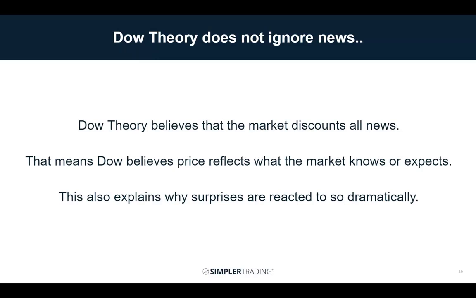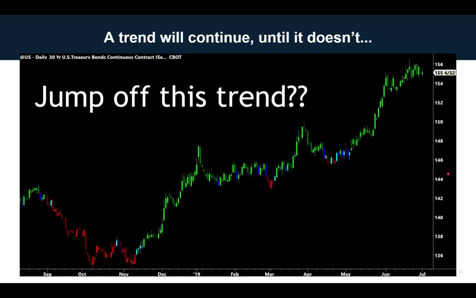So the market's always paying attention to news, and Dow talked about that literally 140 years ago, that the market discounts all news, which means we need to know what the market is thinking about. We need to know how the market is going to respond to, again, OPEC, FOMC, non-farm payroll, earnings, etc. So that was a major tenet that I think a lot of folks tend to overlook, that Dow did respect the news, or at least respected its impact on price action.